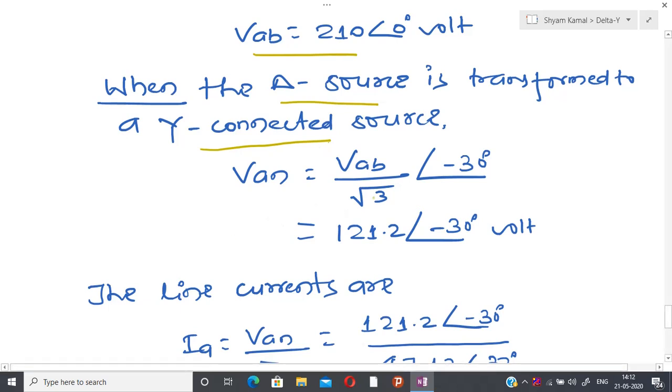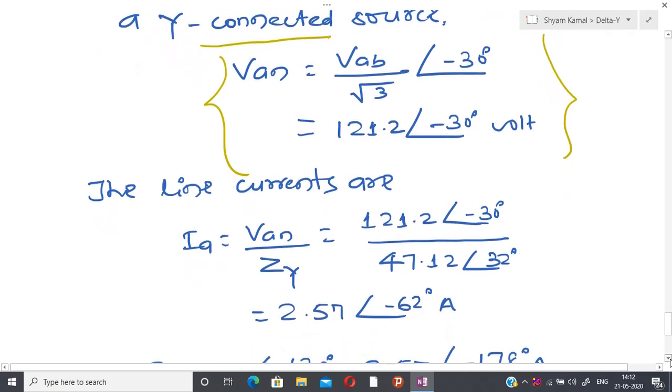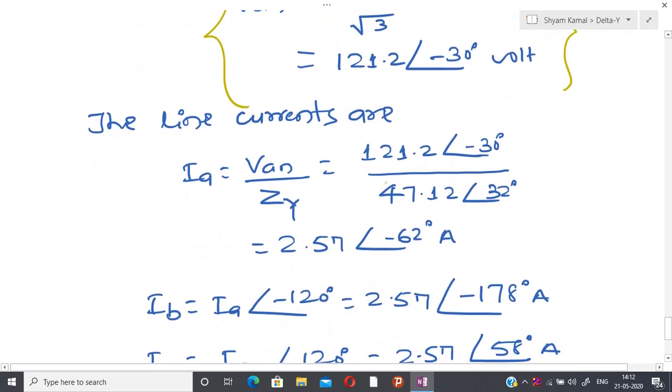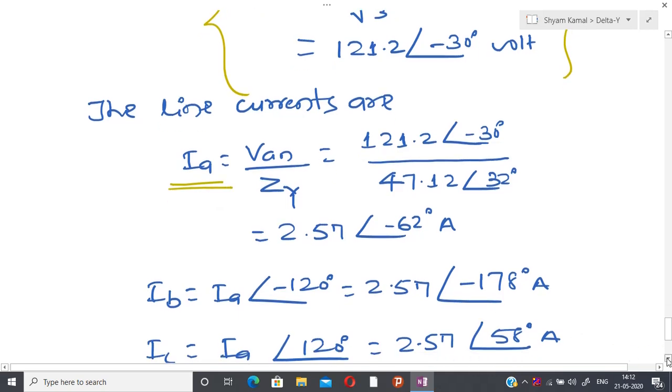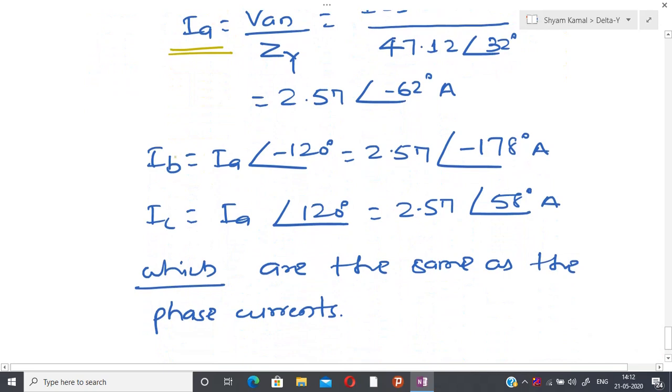Due to that reason, we prefer this kind of transformation, and we have seen that after transforming delta into Y we will get this kind of relation, and once I get this, I can calculate the line current, and keeping the positive sequence in mind, I can calculate IB, IC, and we get this kind of numerical value.